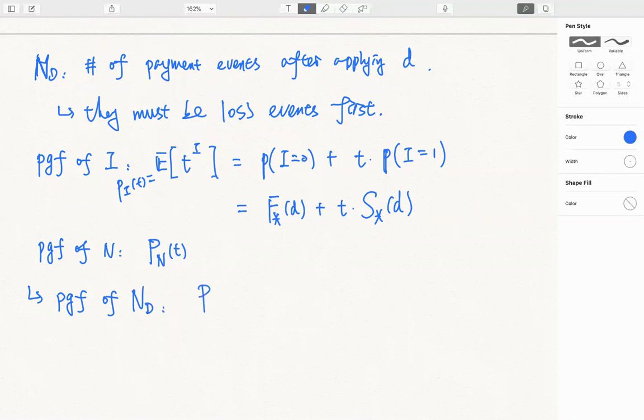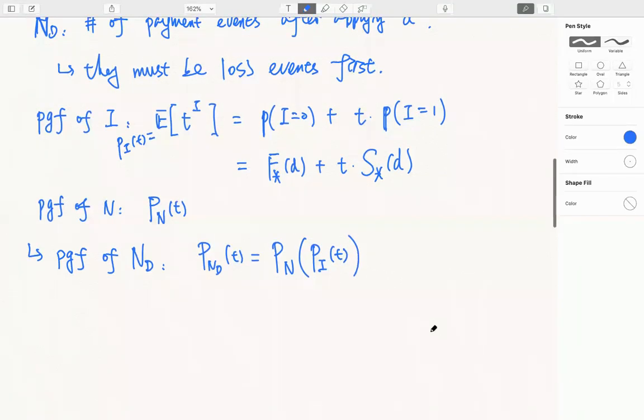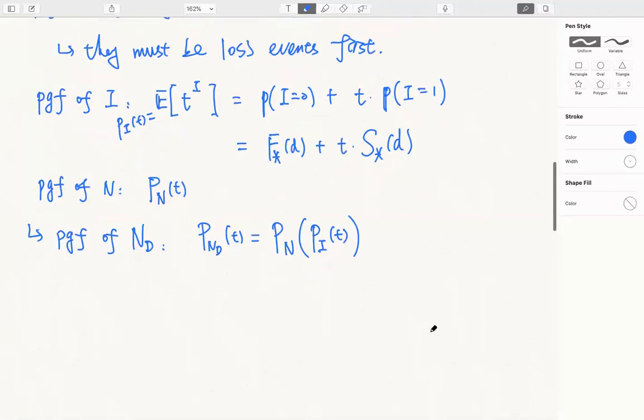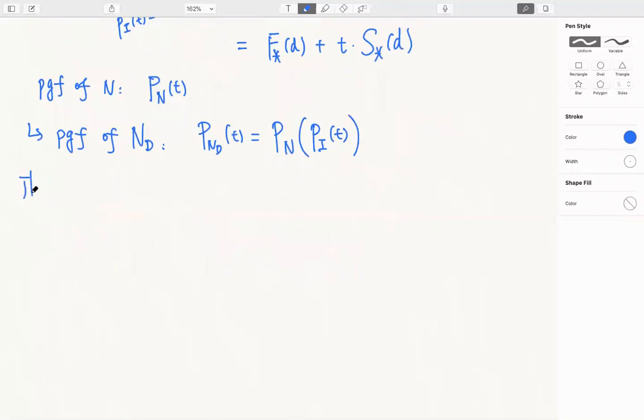By the famous result of compound summation, we know the PGF of the sum is simply the composite function of both the sum and the term to be summed. So basically this is the best we can do, but we have a very important result. Let's call it the theorem, okay?